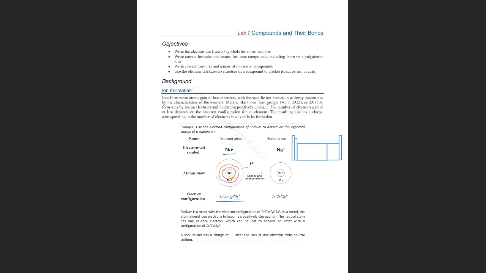In the second shell, you have the 2s and the 2p. Now, the 2p orbitals are actually shaped like this, and the reason that there's 6 electrons is because there are 3 orbitals along the x, y, and z axis: up, down, side, side, in, out. Each one of those has 2 electrons.